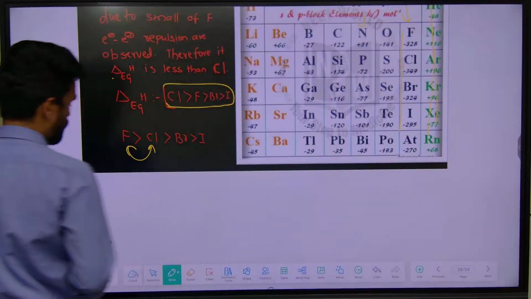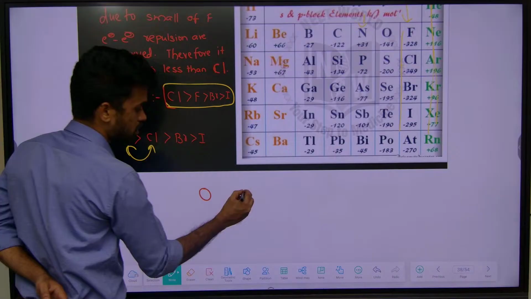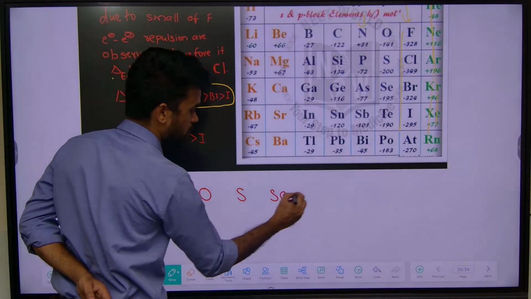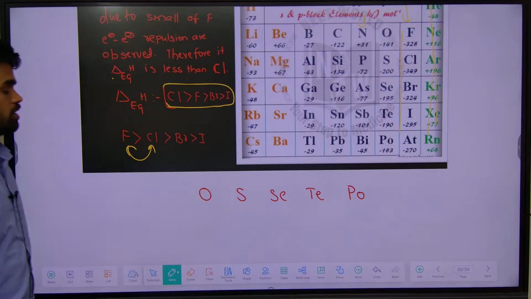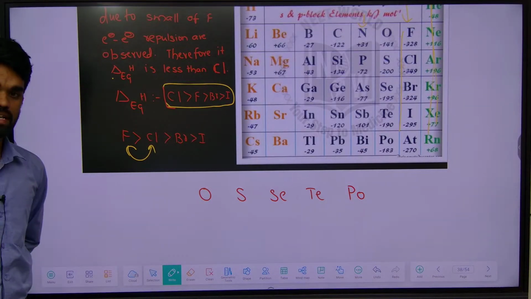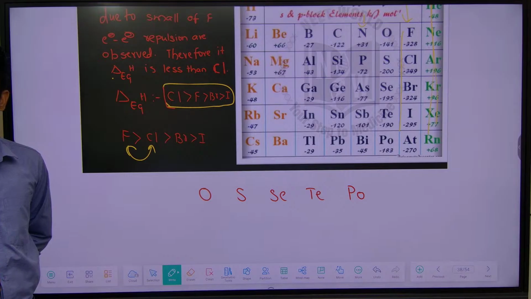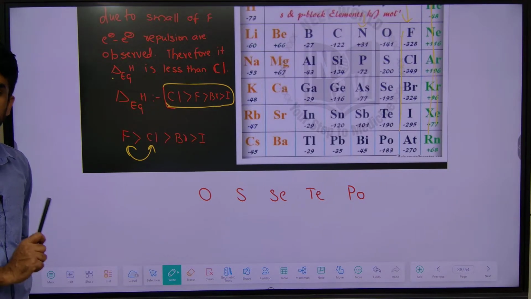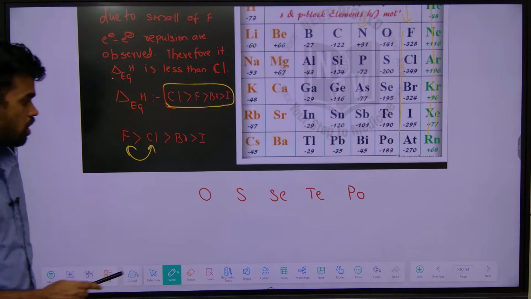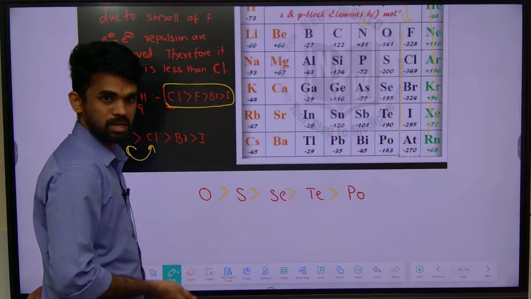the halogen and oxygen family. Now tell me the oxygen family elements: oxygen, sulfur, selenium, tellurium, polonium. Now tell me what our expectation is again. Down the group, what happens to electron gain enthalpy? It decreases. So which one should be highest and which one should be least? Oxygen highest and polonium least. ఇదే కదా మన expectations.